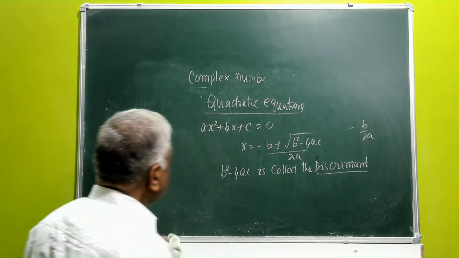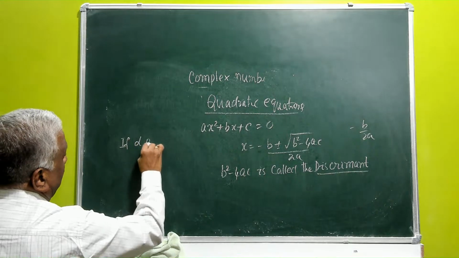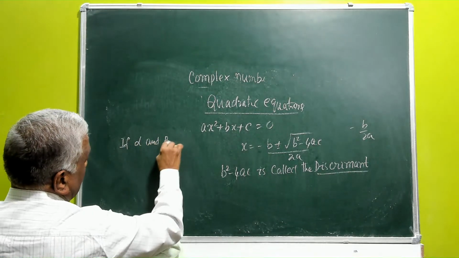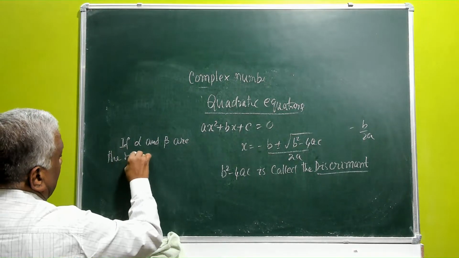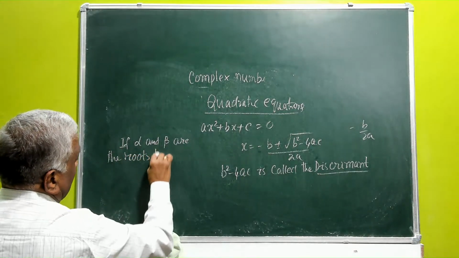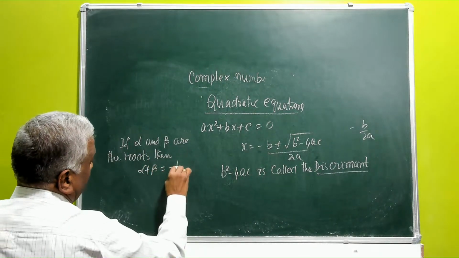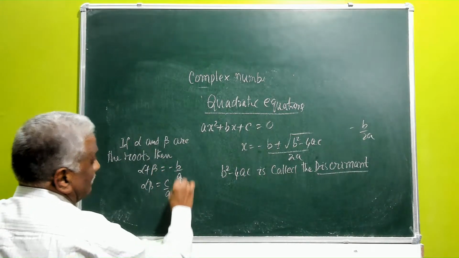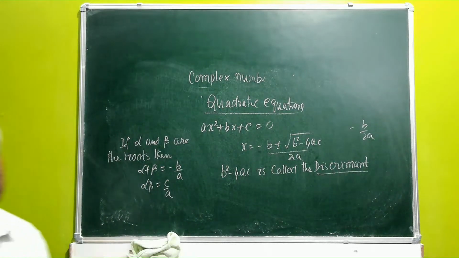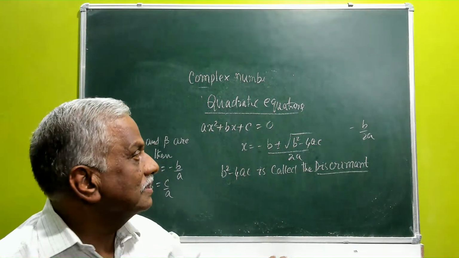That is one concept you need. The other concept is, if alpha and beta are the roots, then alpha plus beta is equal to minus b by a, and alpha beta is equal to c by a. So they may ask you to find the sum of the roots, or the product of the roots.